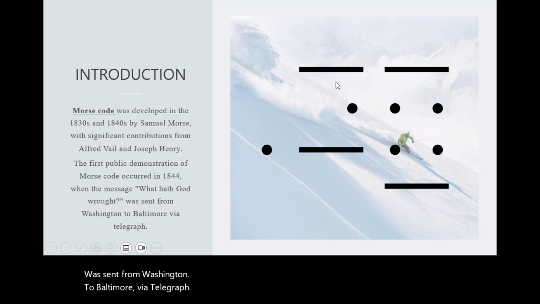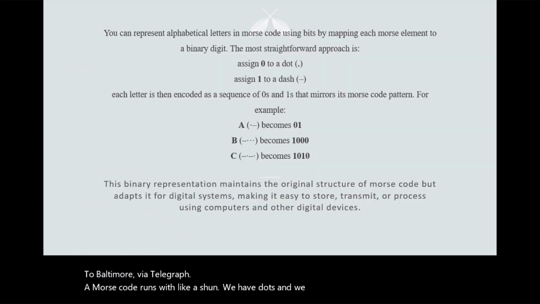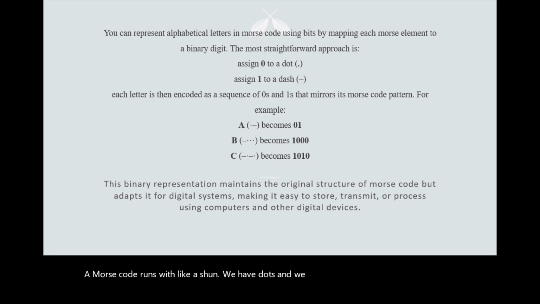Morse code runs with, as shown, dots and dashes. You can represent alphabetical letters in Morse code using bits by mapping each Morse element to a binary digit.